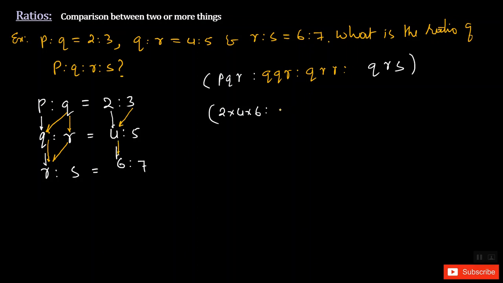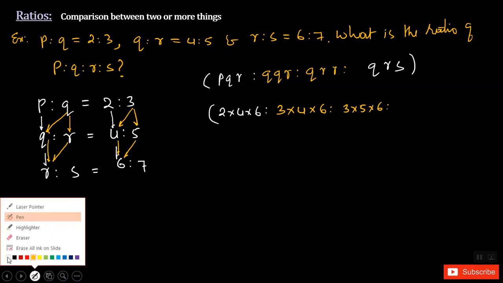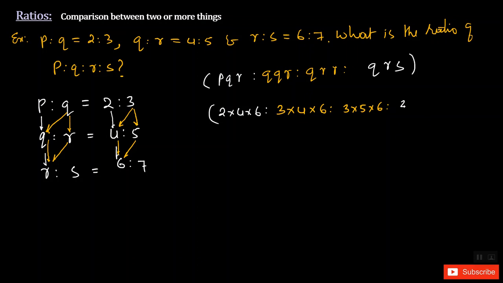The next is 3 times 5 times 6, and the last one is just multiply them as it is. So the last is 3 times 5 times 7. So simplify it. If there is any term which is common in all, you can simplify them further, and if not, just multiply.